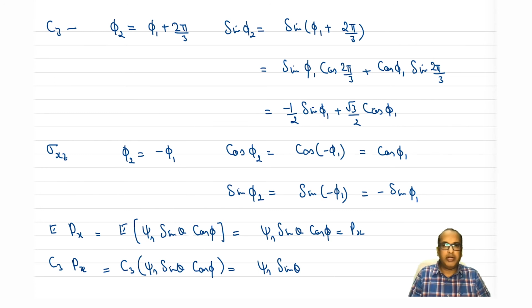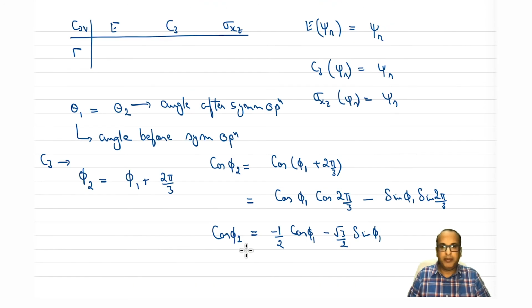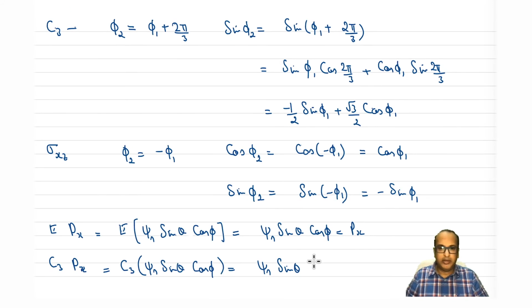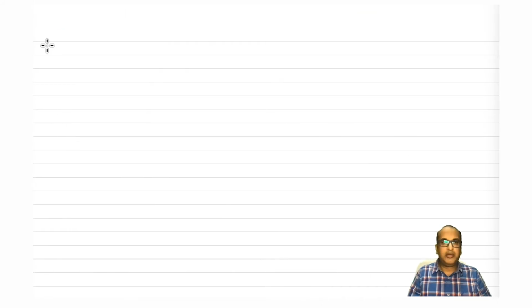Now that cos phi 2 will be given by minus half of cos phi 1 minus root 3 by 2 of sine phi 1, right? So I can say that this is minus half cos phi minus root 3 by 2 sine phi.